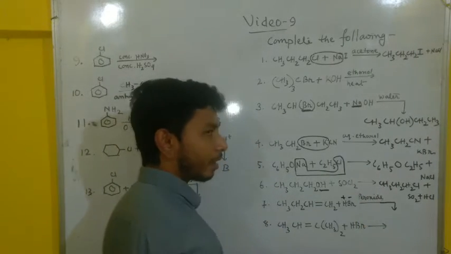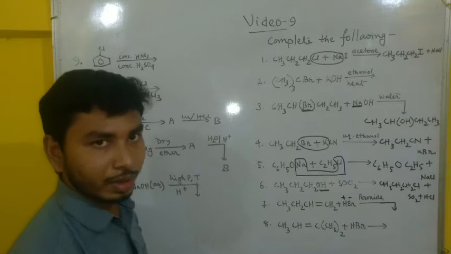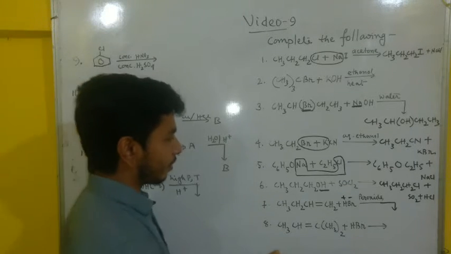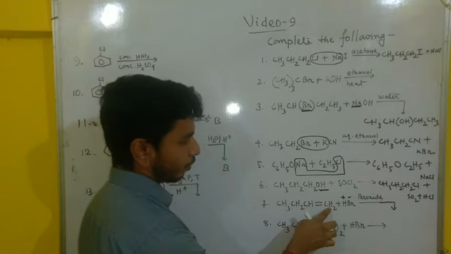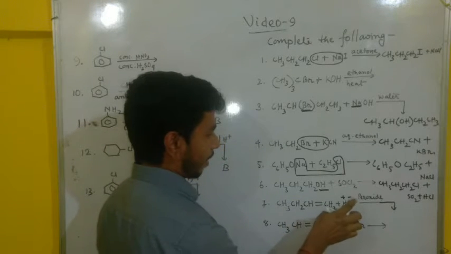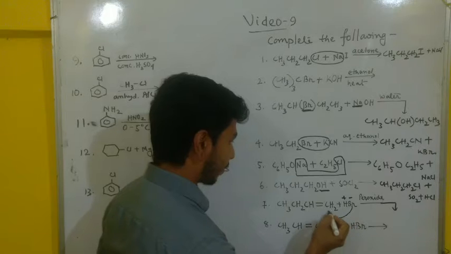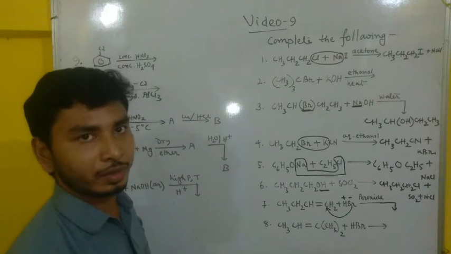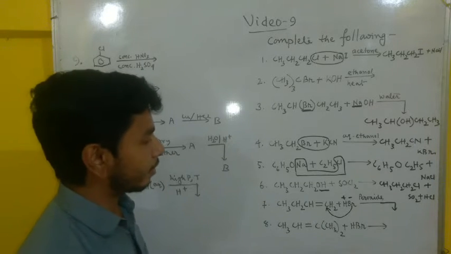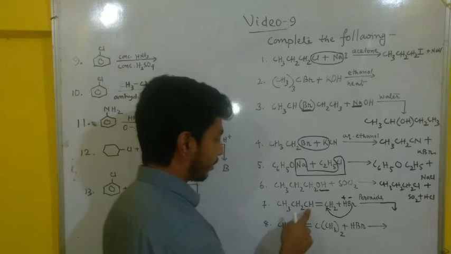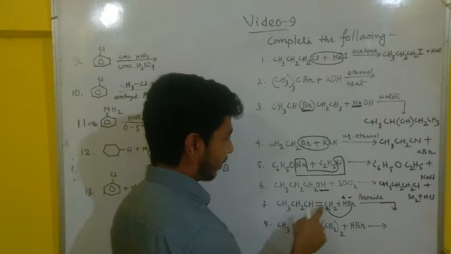According to the anti-Markovnikov's rule, negative part goes to that double bonded carbon which carries more number of hydrogen. These two are the double bonded carbons. One carbon carries one hydrogen, another carries two hydrogen. So the negative part will go to this carbon. So CH3CH2CH, this CH bonded with this hydrogen becomes CH2.